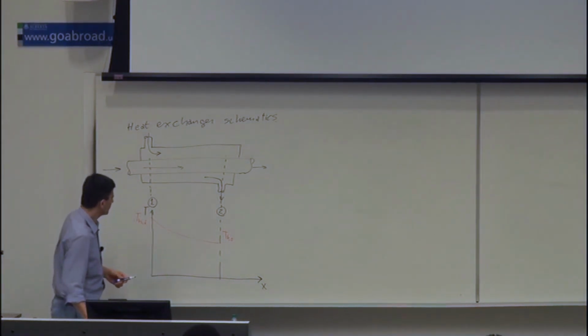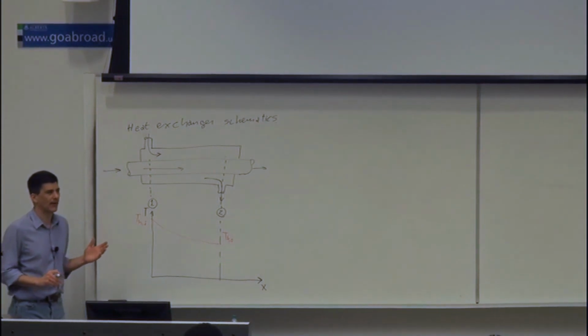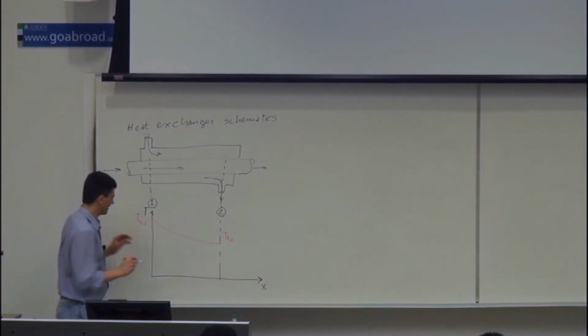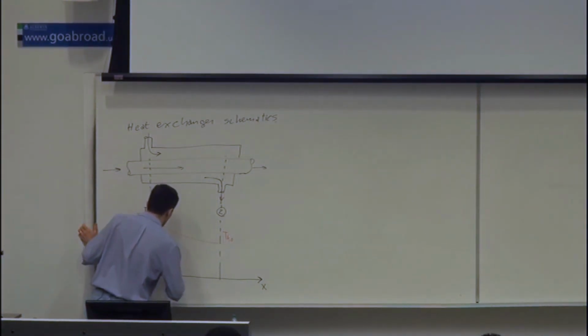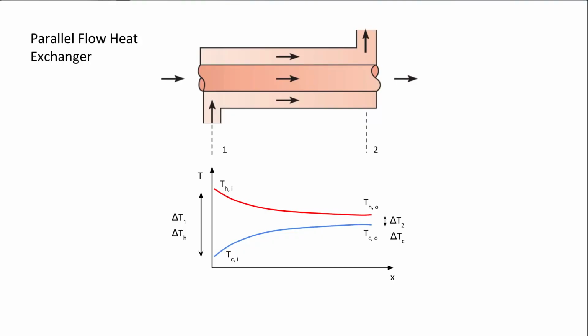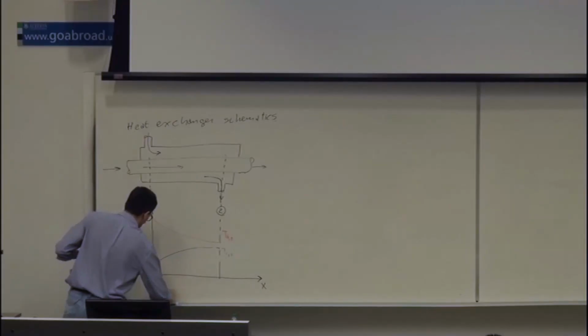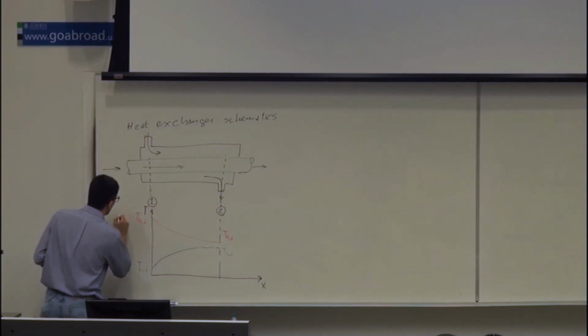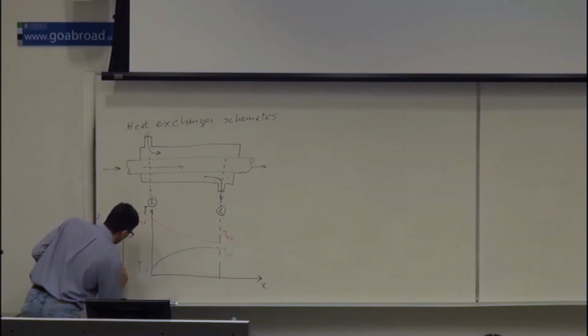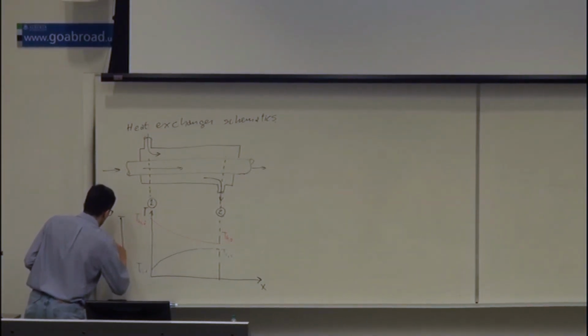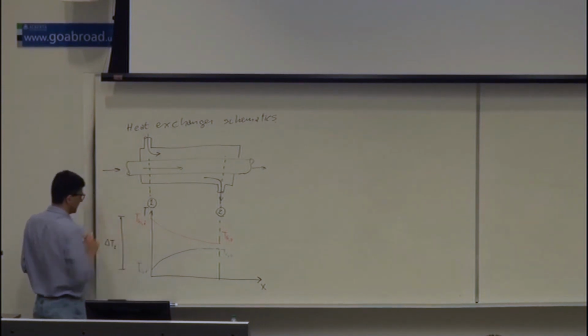All right. Let's do the cold. Up, down, or flat? I like that. All right. So this is going to be T cold at the inlet and T cold at the outlet. So this one here, this would be delta T 1.